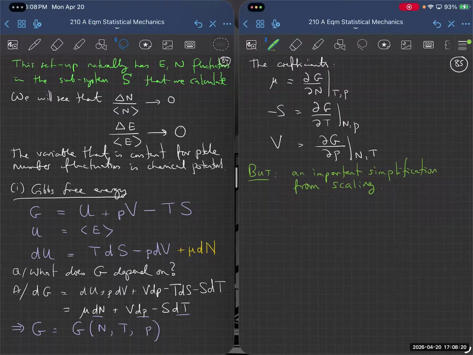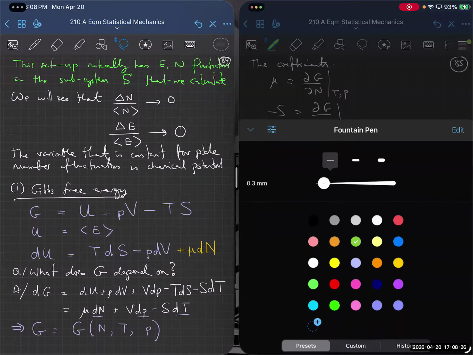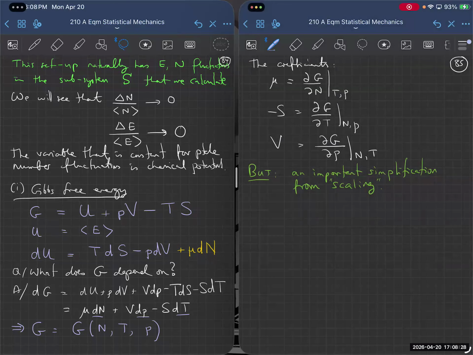So an important simplification from scaling, and what that really means in the language of classical thermodynamics, is the difference between extensive and intensive variables.